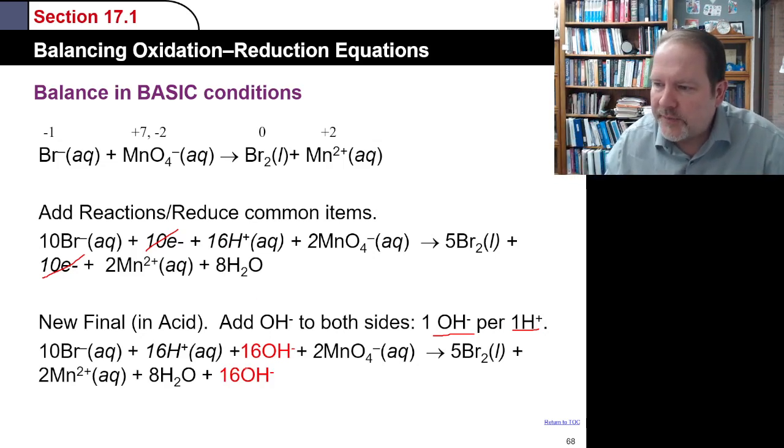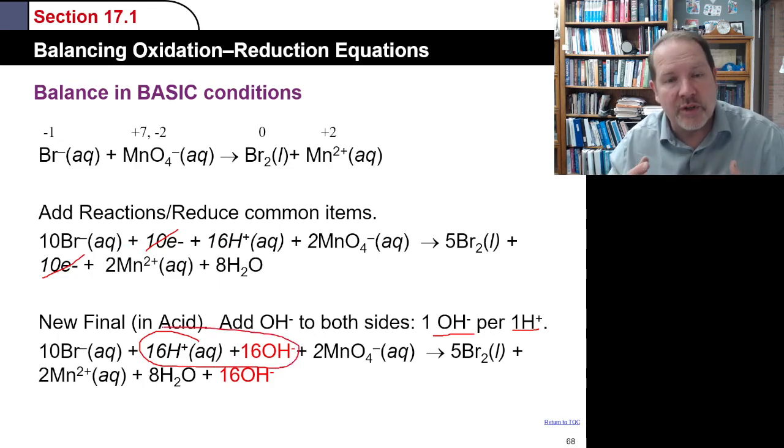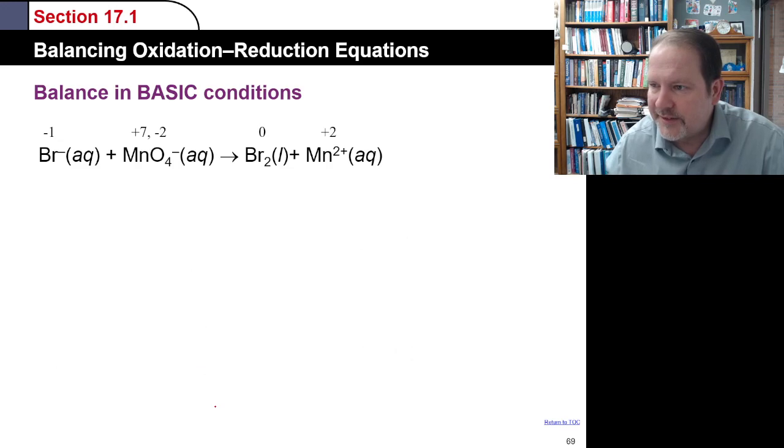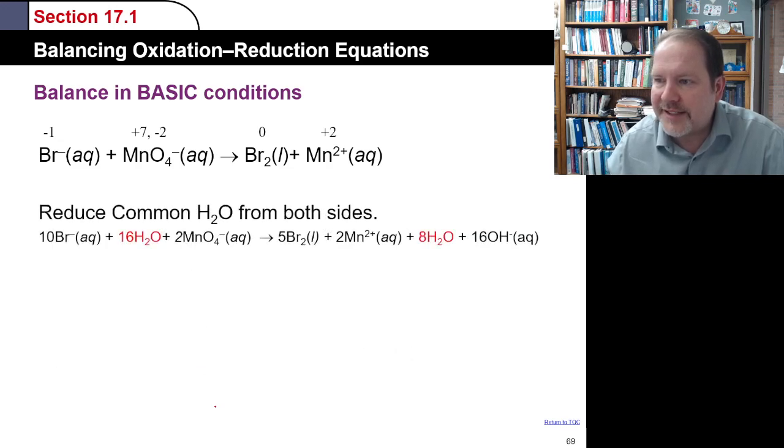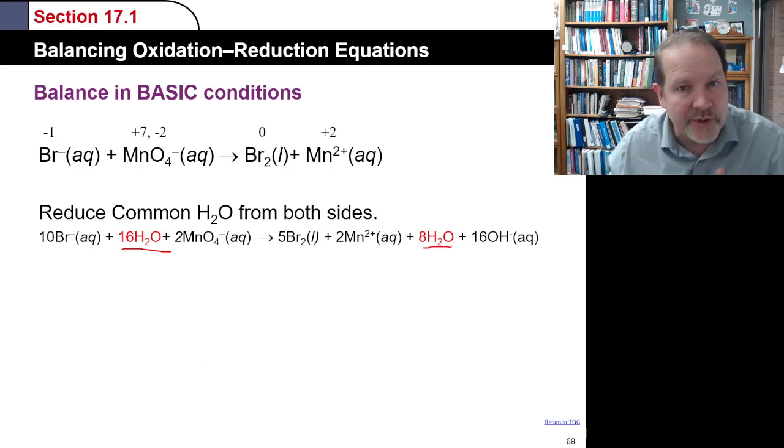In doing so, I've created a lot more things there. But I want to focus now on the 16 hydrogens and the 16 hydroxides. They will kind of, in our mind, react and turn into 16 waters. Okay? So now I have 16 waters on the left-hand side, but now I have 8 waters that were remaining on the product side.